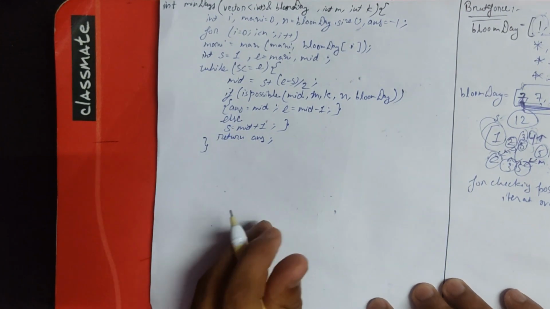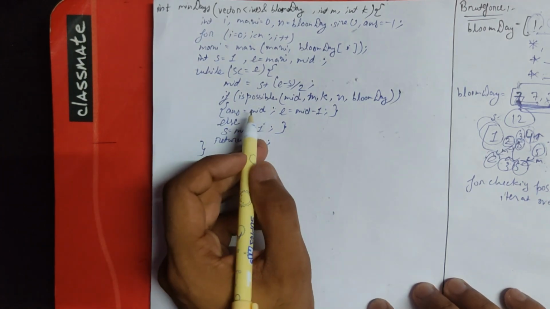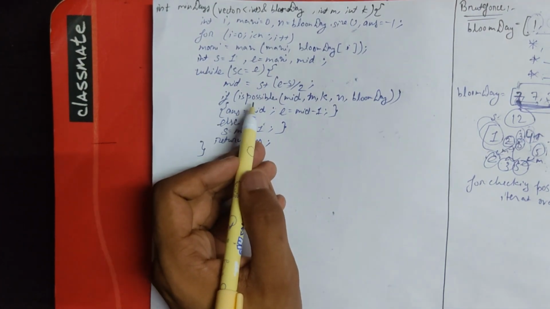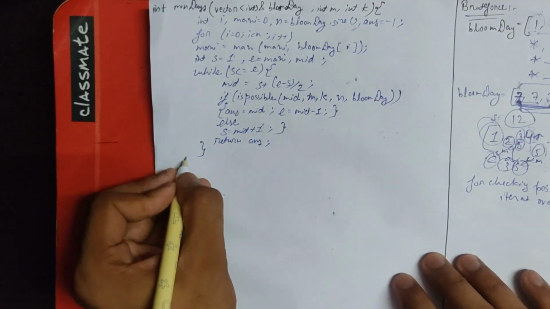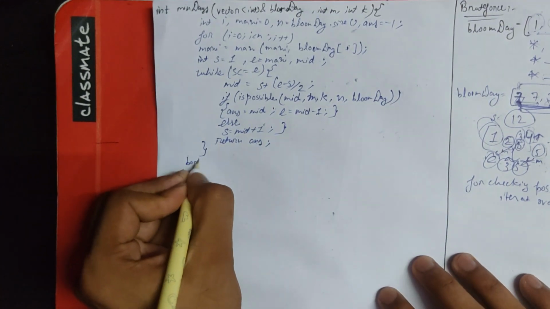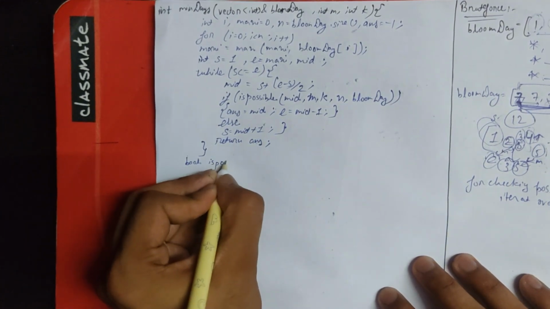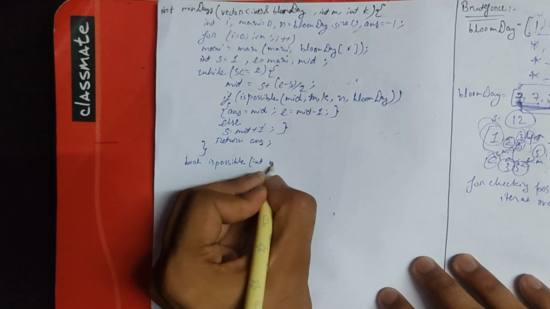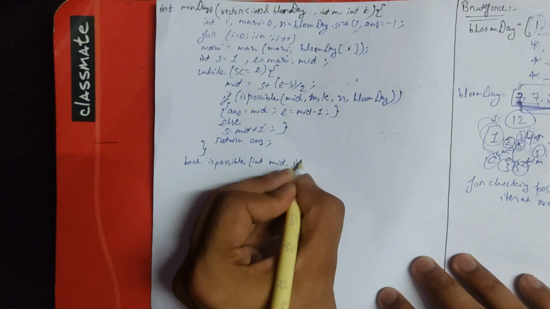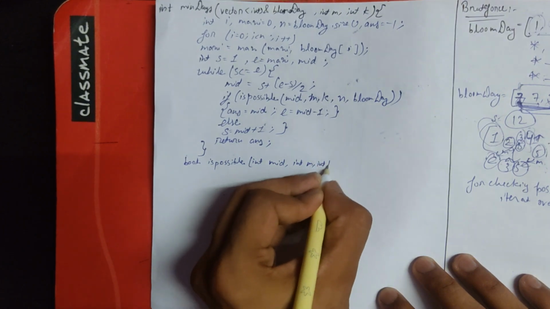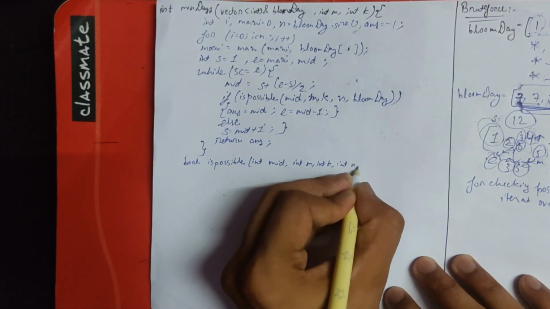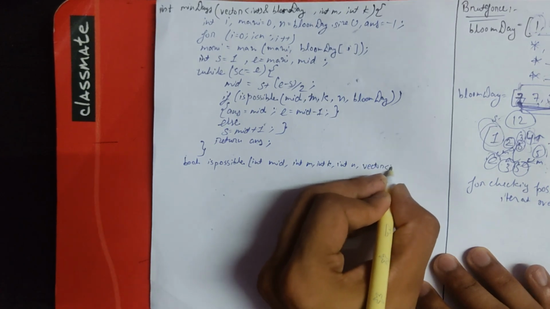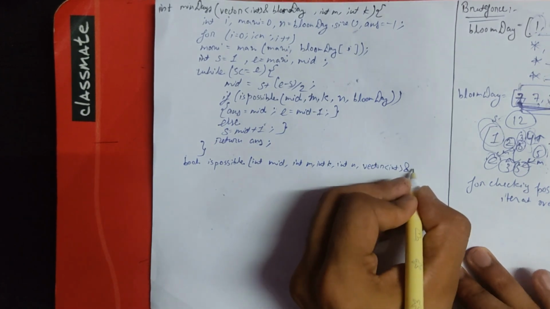Now let's see how we will check the possible solution. We are defining another isPossible, which is a boolean function. So we'll write the boolean function here. Bool isPossible. We have taken the value int mid, int m, int k, int n, and the vector of integer type Bloomday.